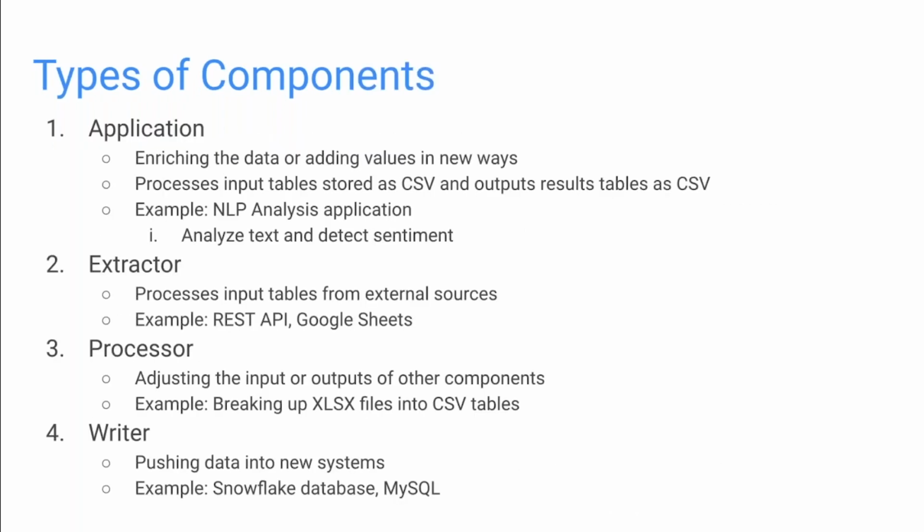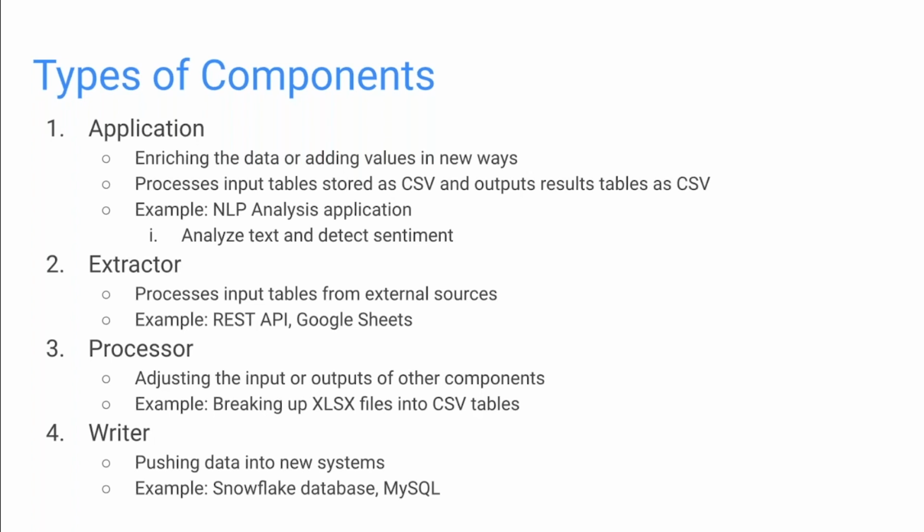In Keboola, there are 4 types of components. The first, application. Second, extractor. Third, processor. And the fourth one is the writer. So what does an application do? An application is used to enrich the data or add values in new ways.